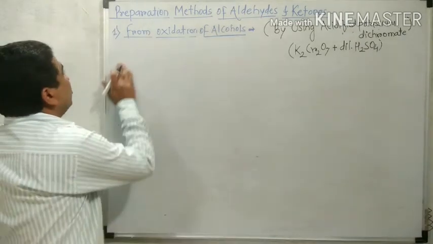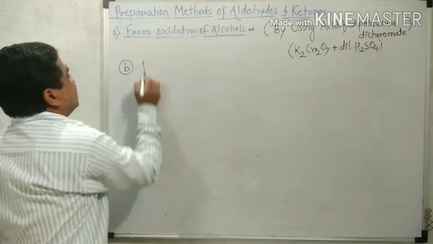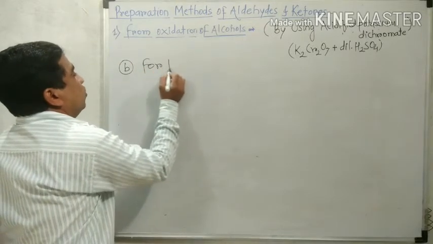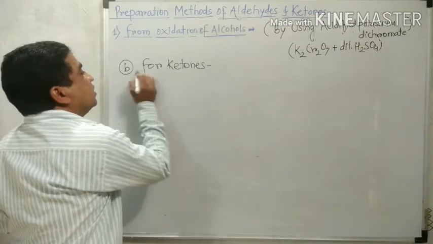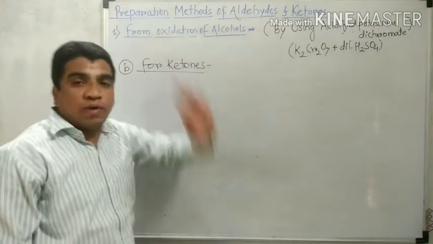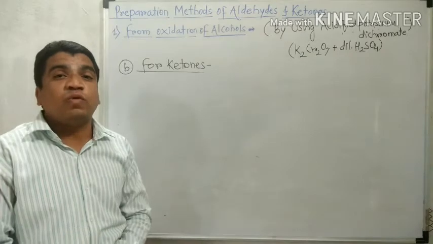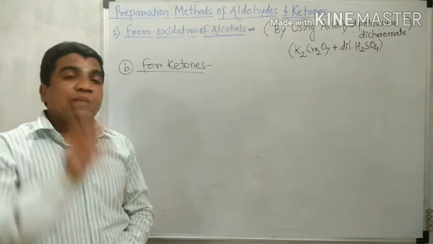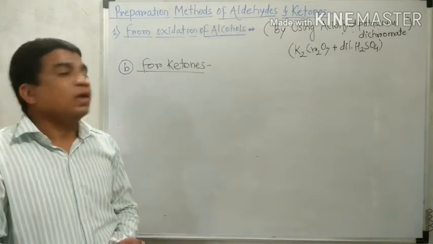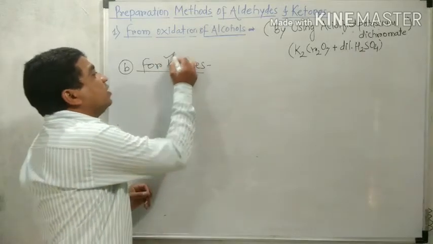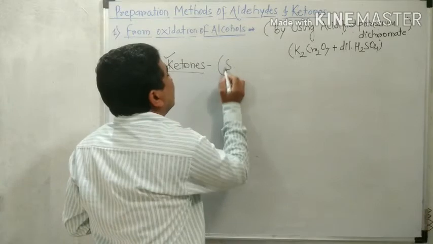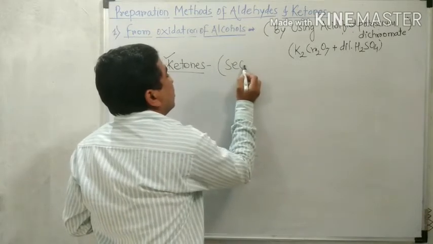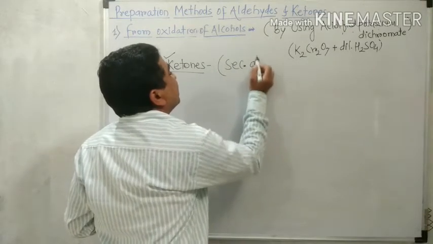Now we are going to discuss the reaction for the preparation of ketones. How do we prepare ketones by this method? From oxidation of alcohol, because oxidation of alcohol can prepare an aldehyde, and can also prepare a ketone. But if you want to prepare a ketone by this method, you should take the starting material as a secondary alcohol.